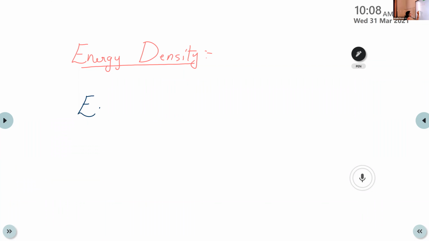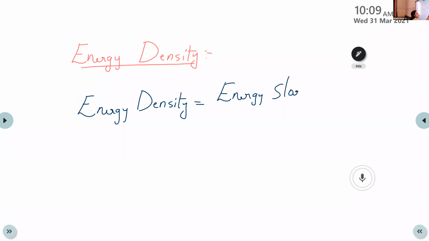So we can write energy density is equal to energy stored divided by volume. Okay. So energy density is given by energy stored per unit volume.